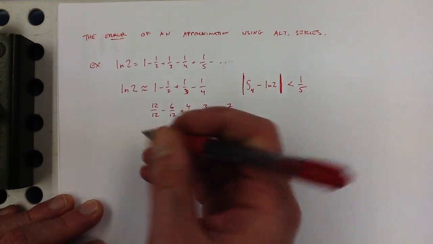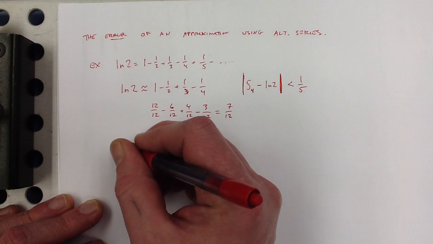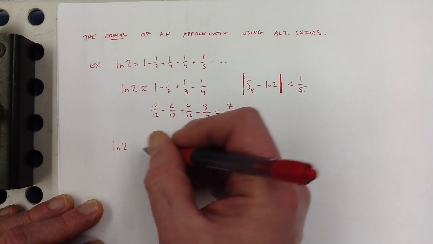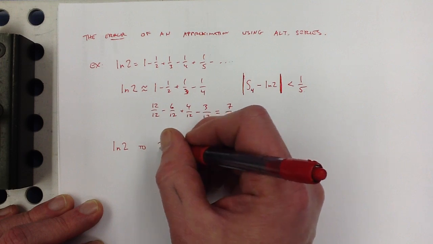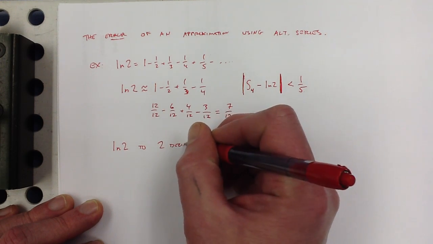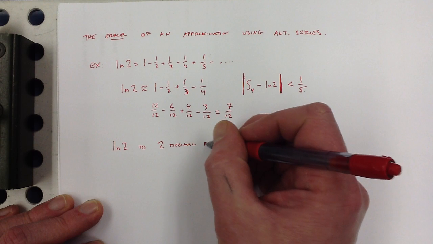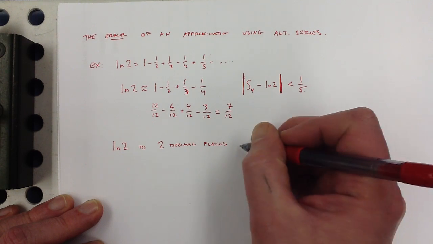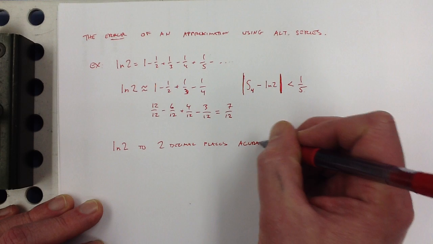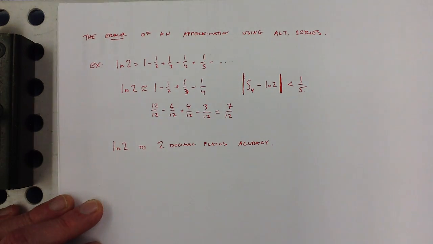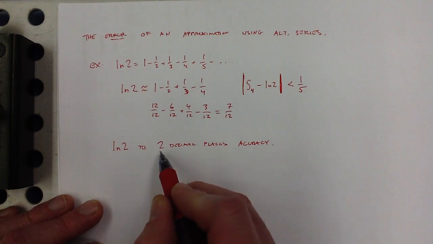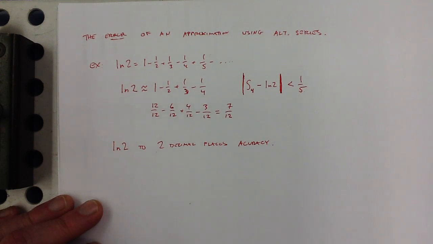So what if we wanted, for example, to approximate the natural log of 2 using this series to 2 decimal places of accuracy? Well, we've got to talk first of all about what it means to be within 2 decimal places.